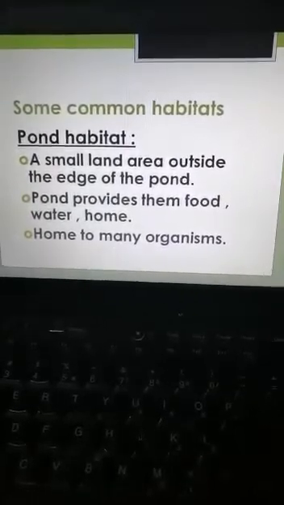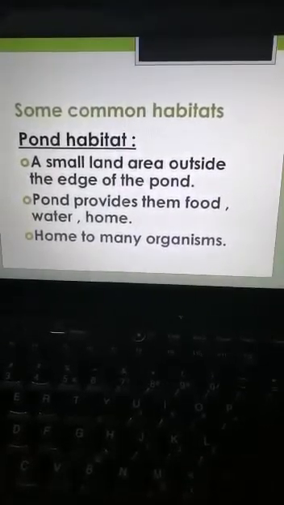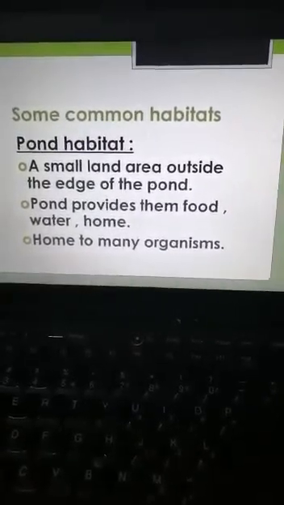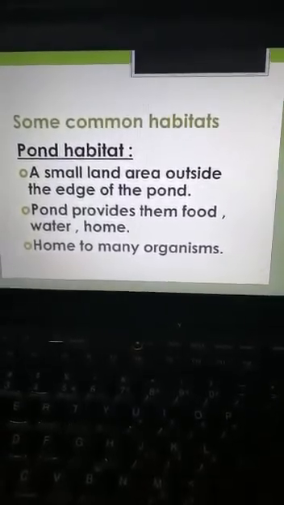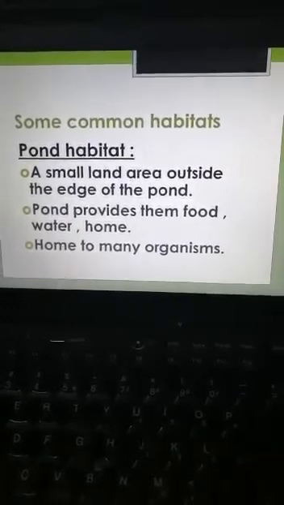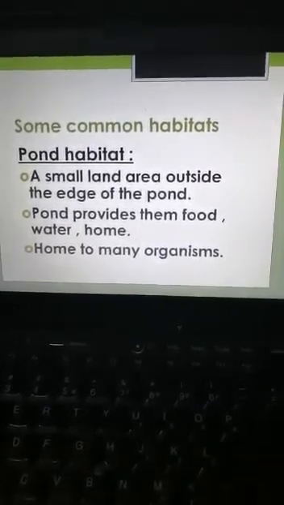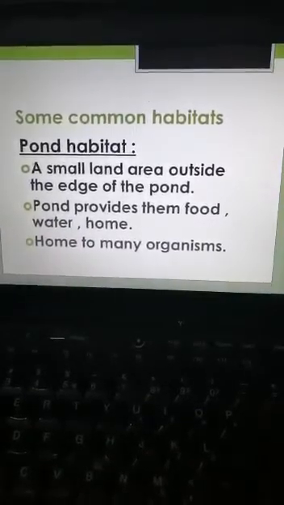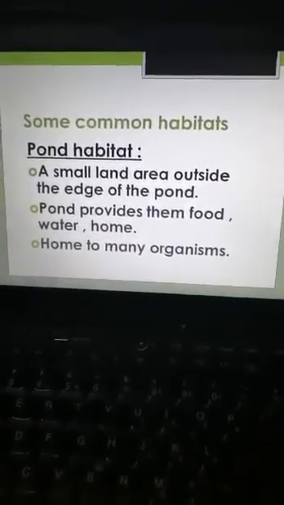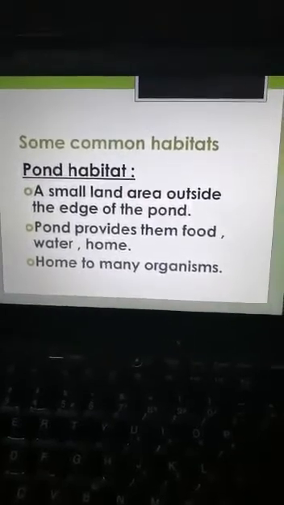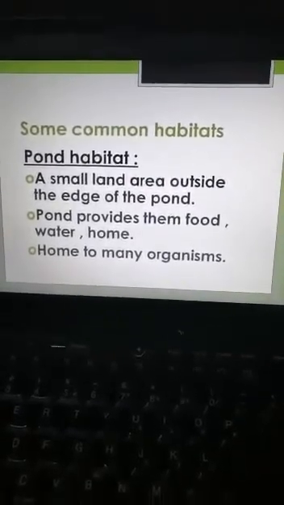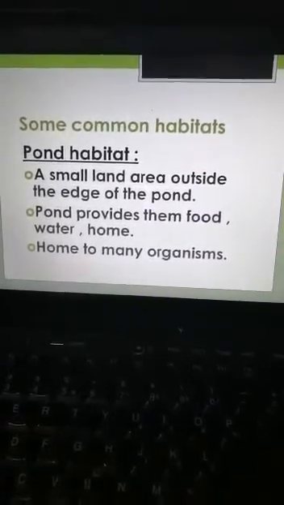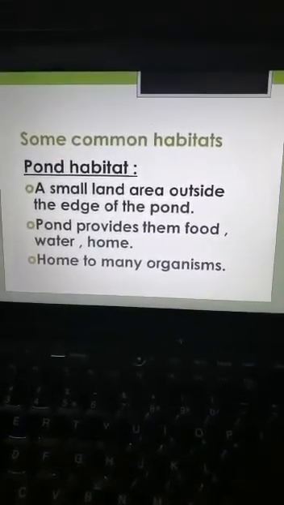Now why are there so many plants and animals around the pond? Because the pond provides them with food, water, and home. It is home to many birds. As I discussed before, some of them depend upon each other, and they get water here.